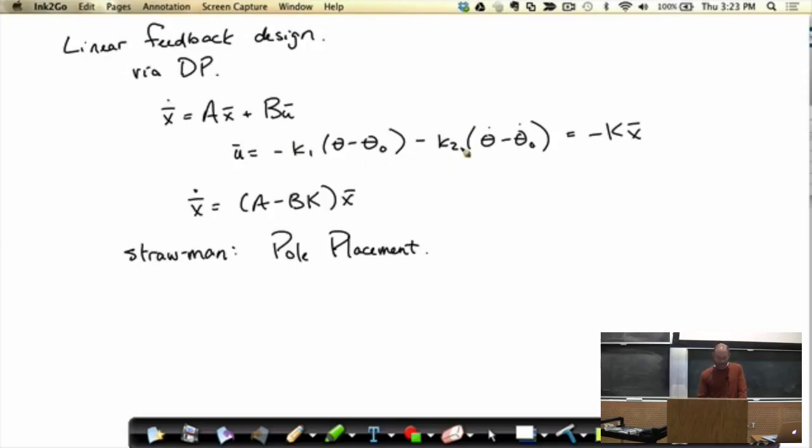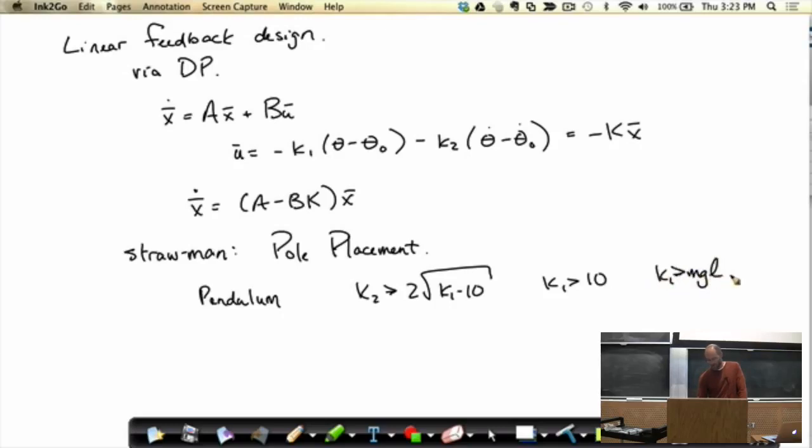For just the pendulum, if you look at which values of K1 and K2 give me stabilizing controllers, I did it here: K2 has got to be greater than 2 square root of (K1 minus 10), and K1 has to be greater than 10, which is MGL. That one's sort of reasonable. But there are only some values of K1 and K2 that'll give me even a stable response, so I have to be artful in choosing them.